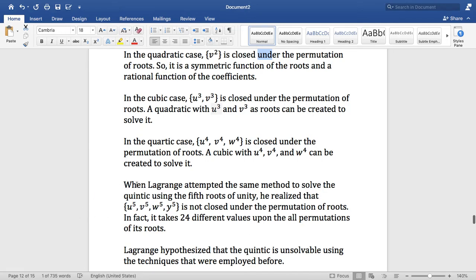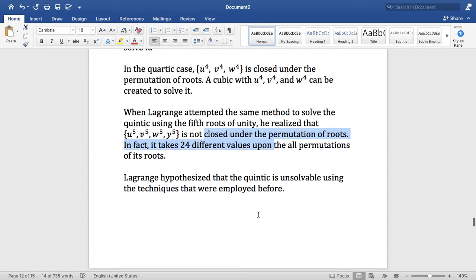And the great idea is the following. When Lagrange attempted the same method to solve the quintic using the 5 roots of unity, he realized that u to the power of 5, v to the power of 5, w to the power of 5, and y to the power of 5 is not closed under the permutation of roots. In fact, it takes 24 different values upon the permutation of all of its roots.